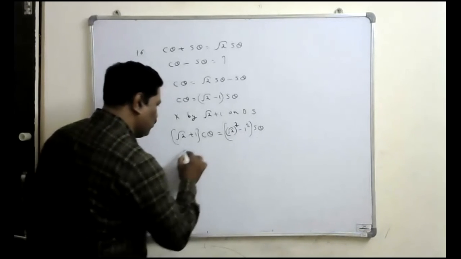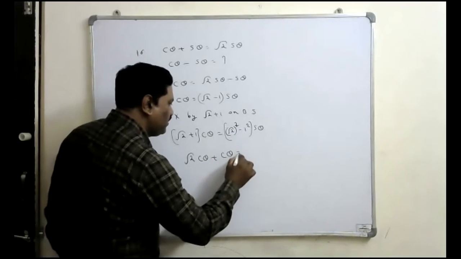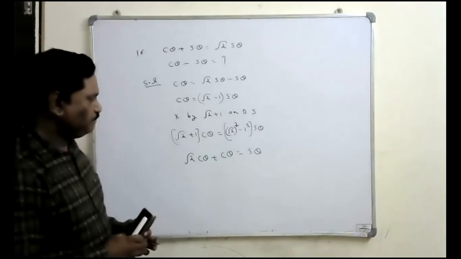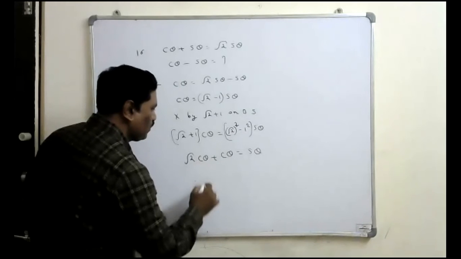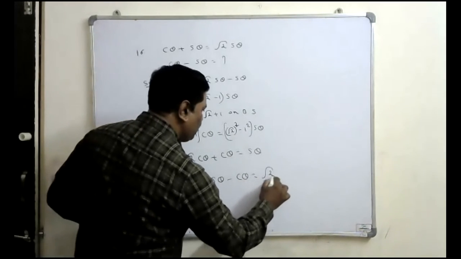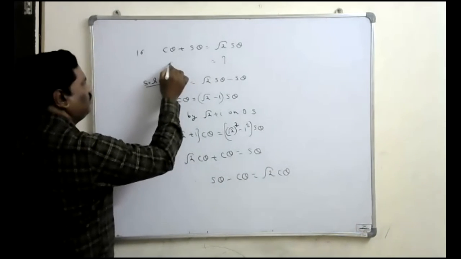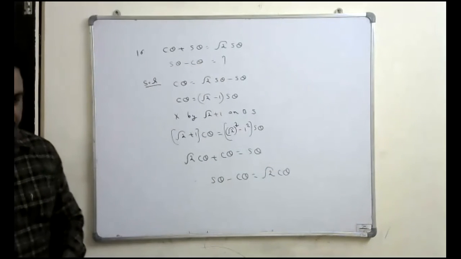This is equivalent to root 2 cos theta plus cos theta is equal to sin theta. Send this cos theta to the other side. Therefore, sin theta minus cos theta is equal to root 2 cos theta, which is the answer.